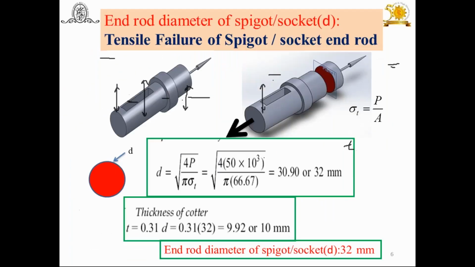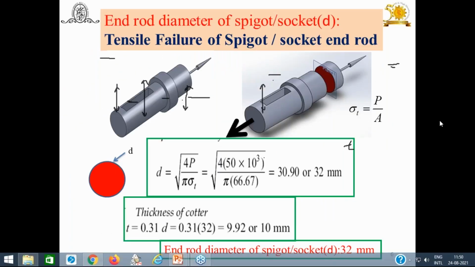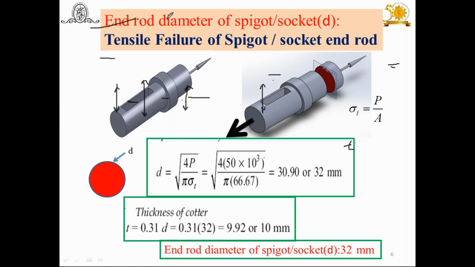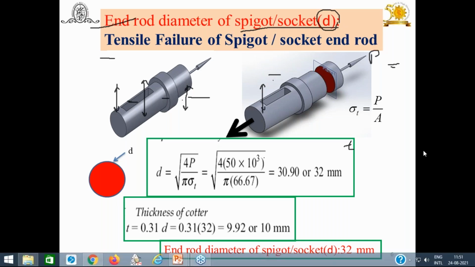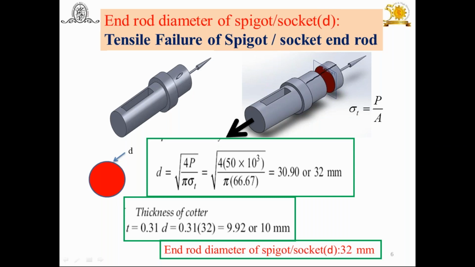Now let us start the design. It's a very simple study. The end rod of the spigot and the socket has diameter d. How to design it? Because of this axial force P, 50 kilonewton, it is subjected to axial tensile force. The weakest portion is this end rod, and it is going to fail.